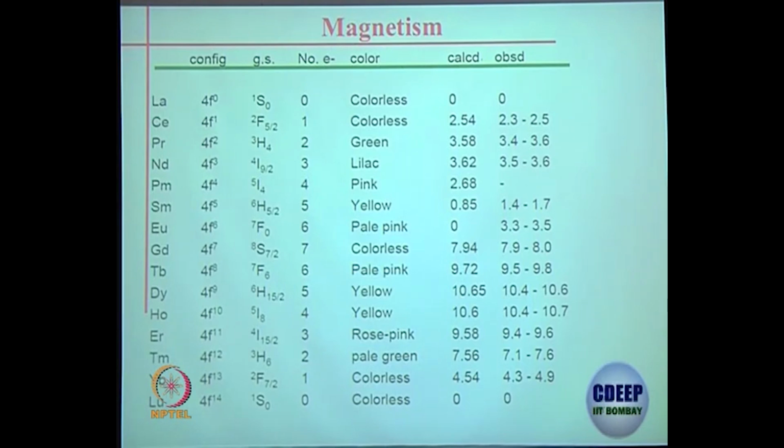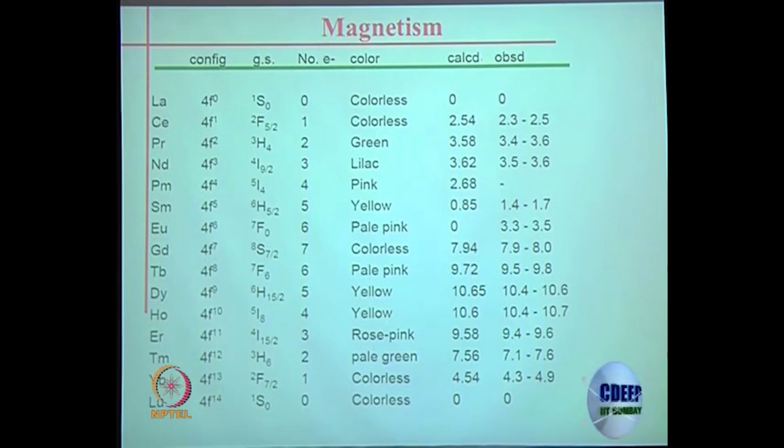You don't really have to worry about this bottom term. You can just calculate the 1S, 2F, 3H and so on for the class purpose. But as you know, this is very simple, 2S plus 1, L, J. This J you don't really have to worry about. J equals L plus S or L minus S, but still I would say you should do it.